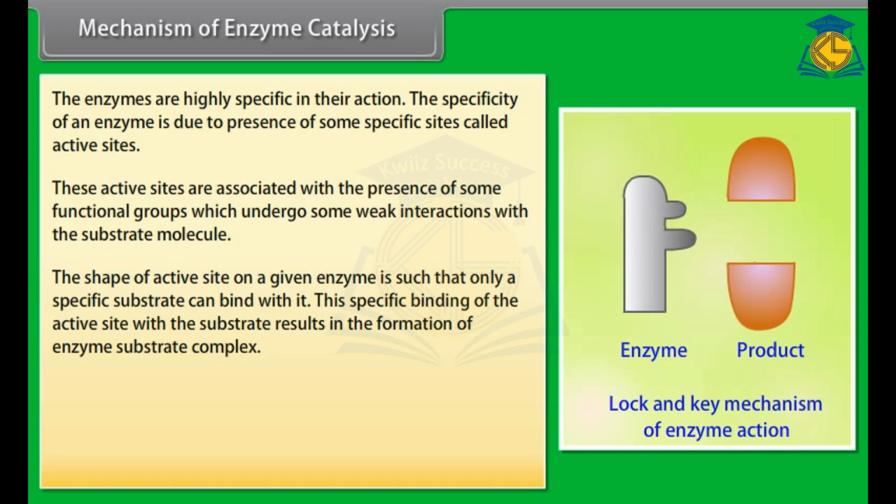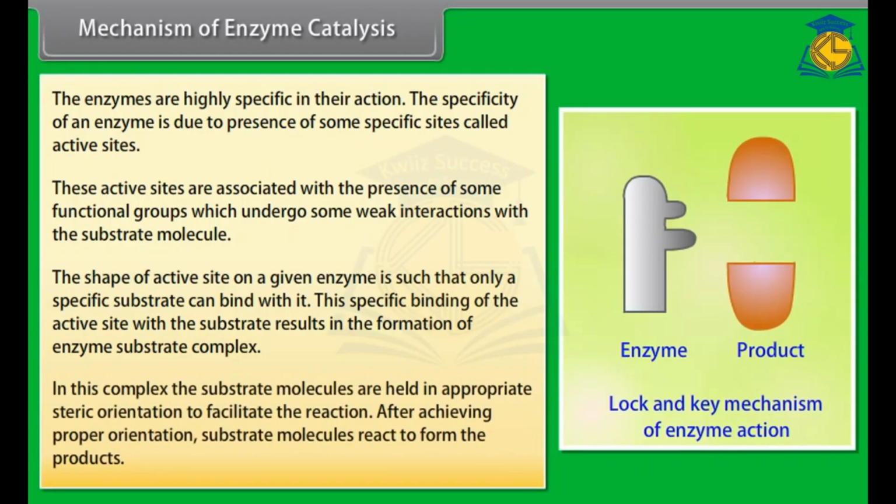This specific binding of the active site with the substrate results in the formation of the enzyme-substrate complex. In this complex, the substrate molecules are held in appropriate steric orientation to facilitate the reaction. After achieving proper orientation, substrate molecules react to form the products.